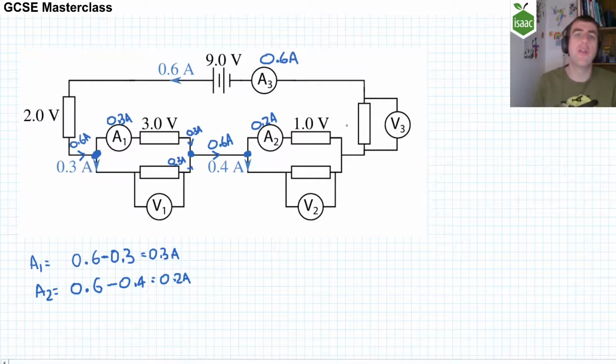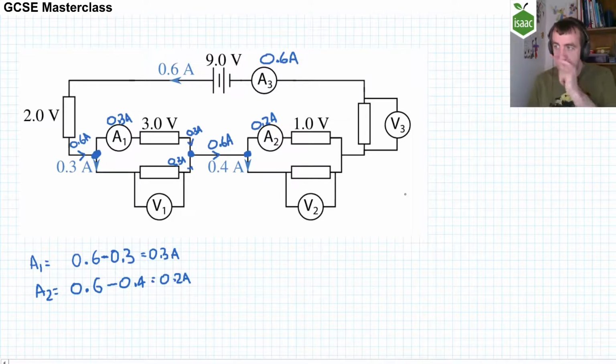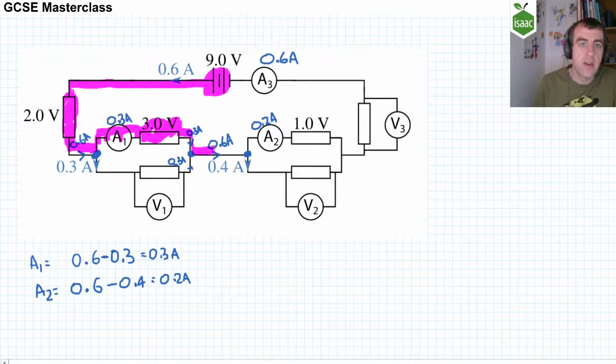We now move on to the voltages, or potential differences, and I'll use red for this. So for the potential differences, we know that if we take the top route, let's use a pink colour, we pick up 9 volts, then we drop off 2 volts, then we drop off 3 volts, then we drop off 1 volt, then what have we got left to drop off here?